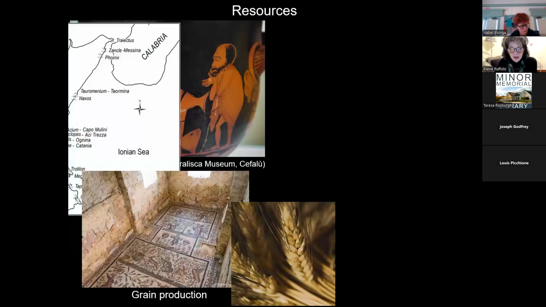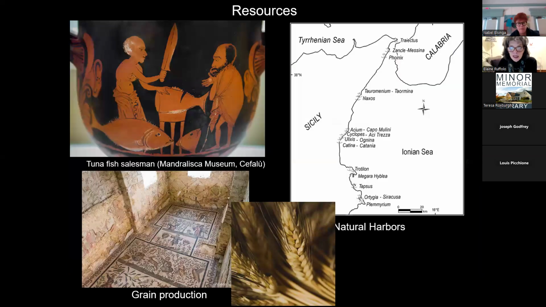But next, consider Sicily's resources, both natural resources and man-made. So Sicily's wealth and natural resources are important factors that attract incomers into the island.